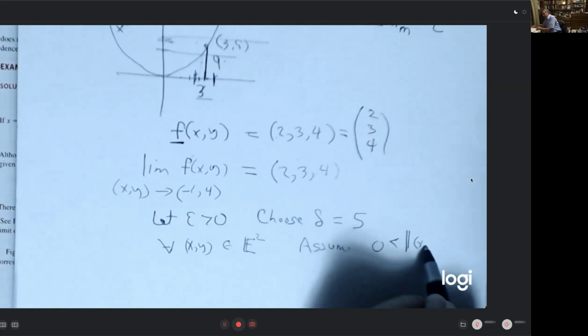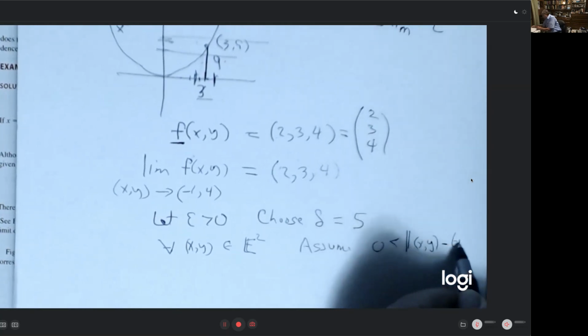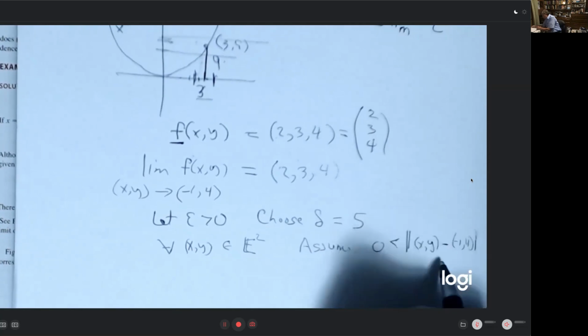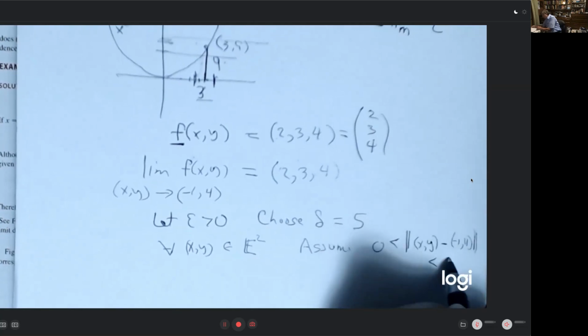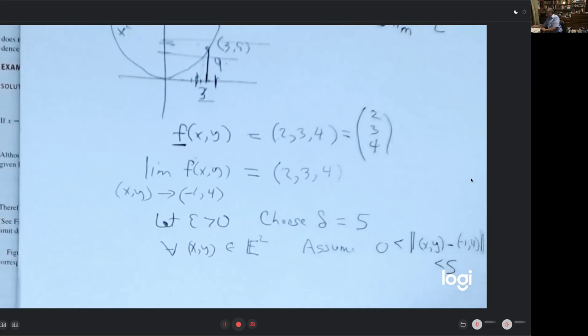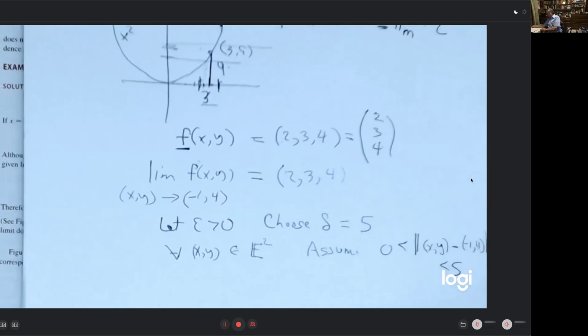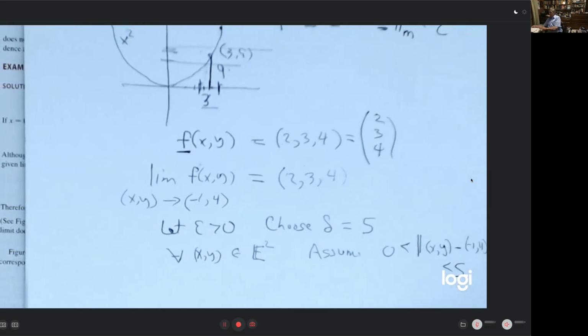So I'm going to write it out here. I'm running out of room on my page. I'm assuming that the distance between them is less than 5. So the domain I picked is the floor. So for each point on the floor, I have the value 2, 3, 4.